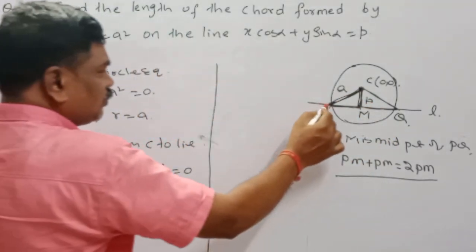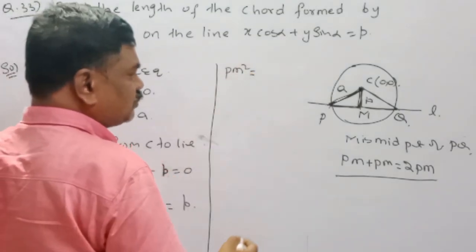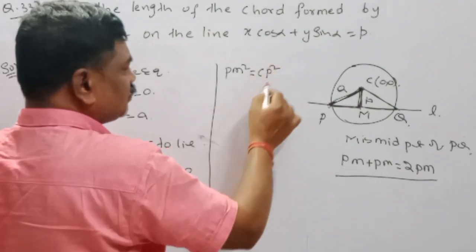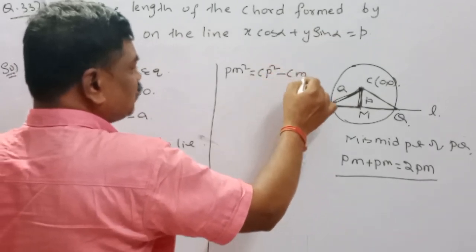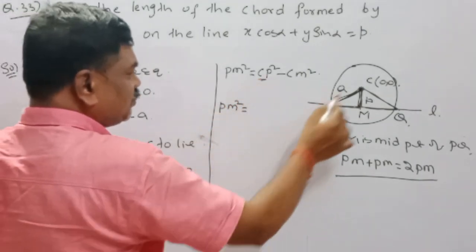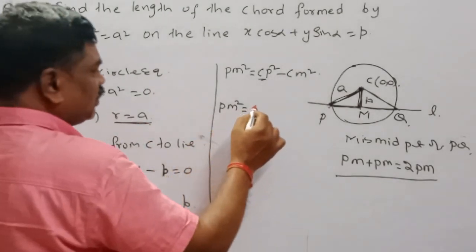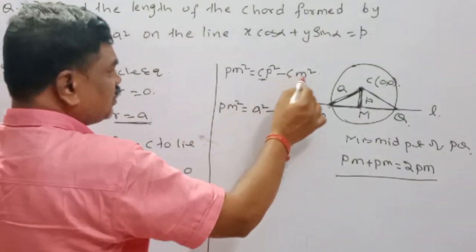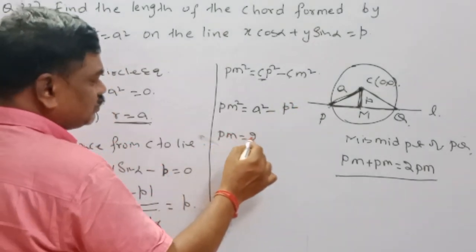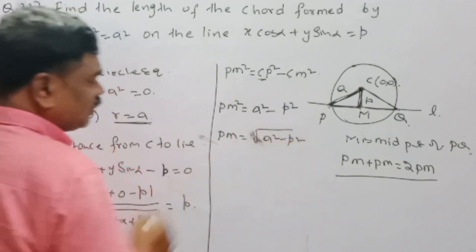So PM square is equal to the hypotenuse CP square minus CM square. CP is the radius of the circle, which is a, so PM square is a square minus p square. PM is equal to root over a square minus p square.